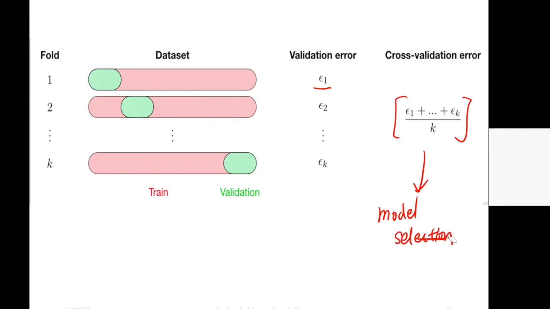So again, keep in mind, the cross-validation error is not the error representing the future. It is used to do model selection.